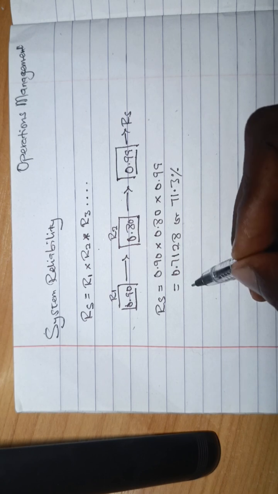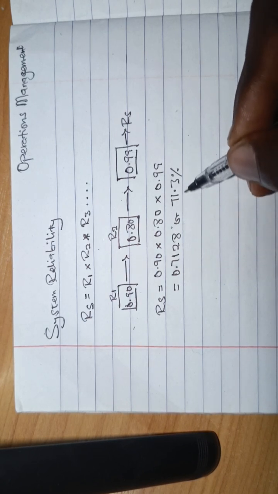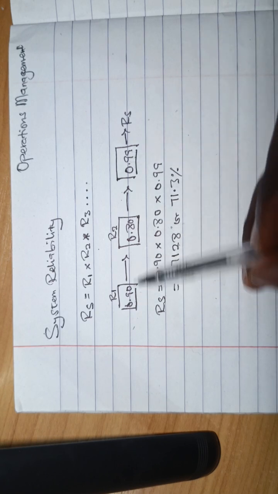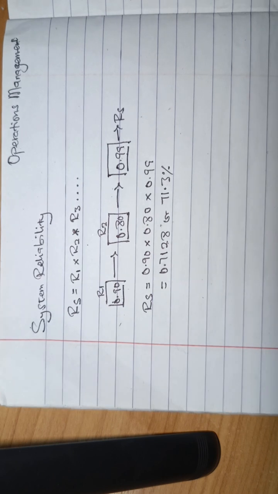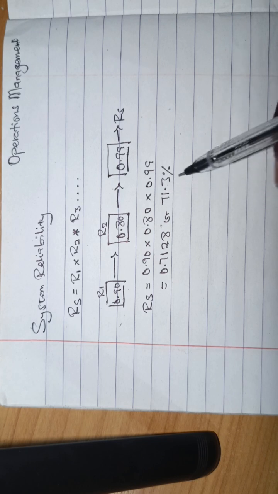So when you get here, you just have to multiply it by 100 to get the percentage format. With a series system, this is how you calculate your system reliability. At least it is 71.3% reliable, which means at least it's good, and it will function for a specified time period.